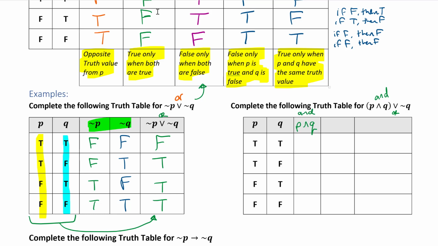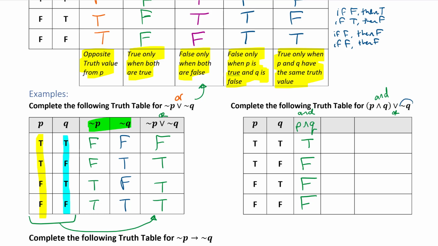So I have P and Q, and I'm trying to find out what the and is. And or conjunction means it's true only when both are true. So true, true gets me true. True, false. If anything's false for and, the whole thing's false. So if anything is false, the whole thing's false. Both are false, I don't care, the whole thing's false. Okay? The only time and is true is if they're both true. Okay, so I've got that first part done.